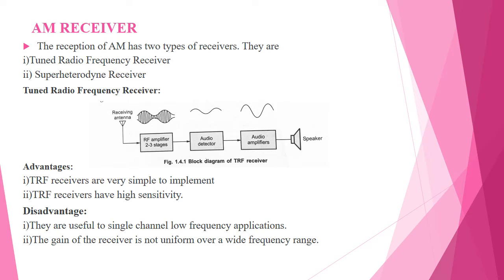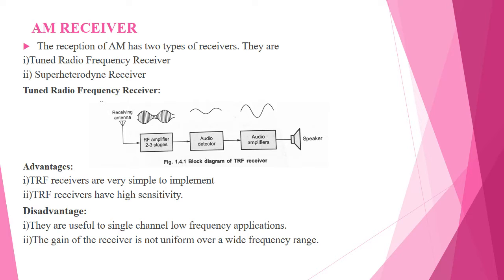AM receiver. The AM receiver is of two types: tuned radio frequency receiver and super heterodyne receiver. First we are going to see about the tuned radio frequency receiver. It consists of 2 or 3 stages of tuned RF amplifiers, a detector and audio amplifiers.